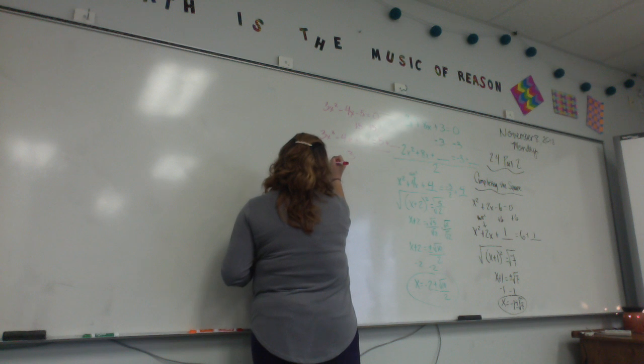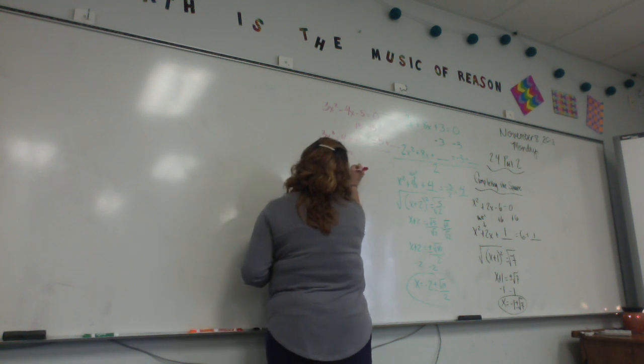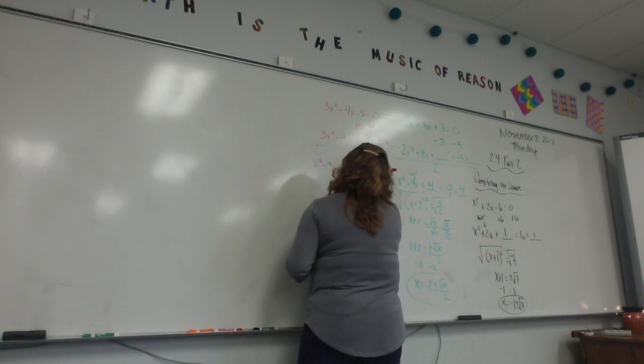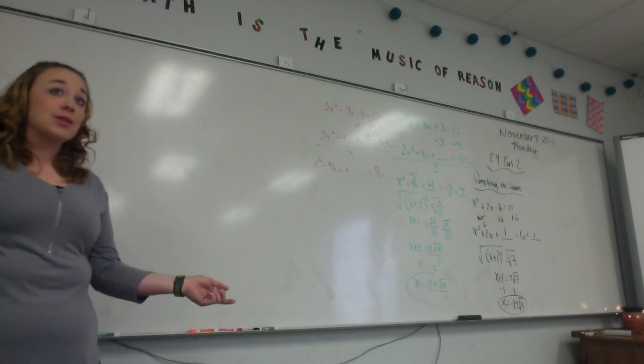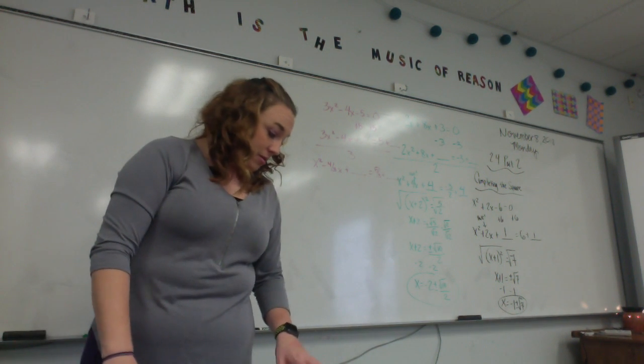x squared minus 4/3 x plus something equals 5/3 plus something. Great. Now I need to take half of 4/3.